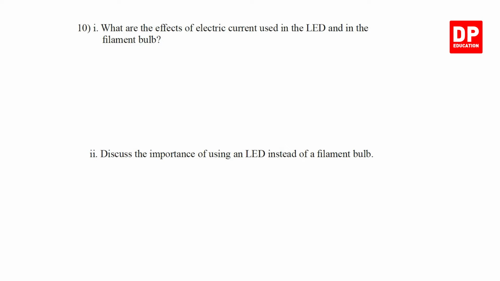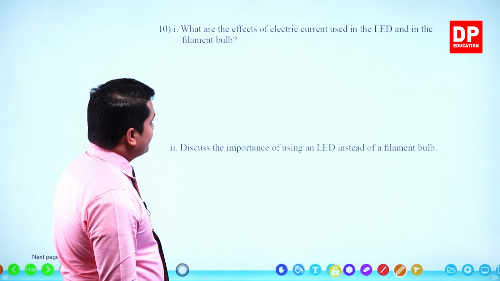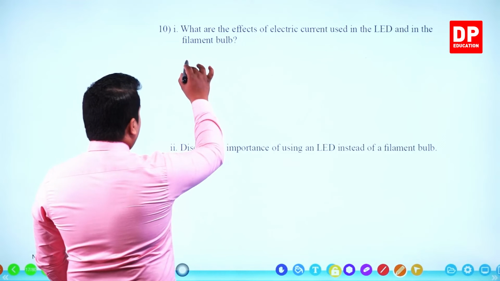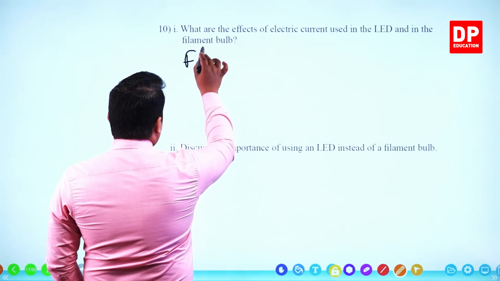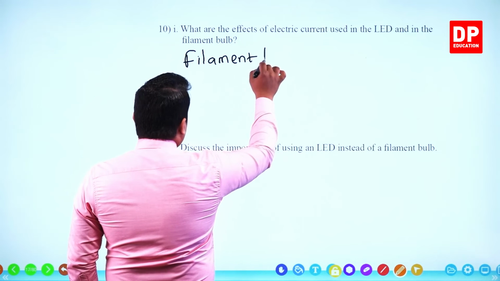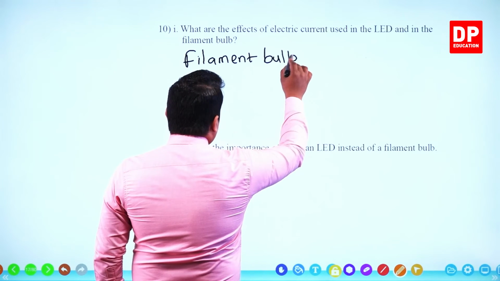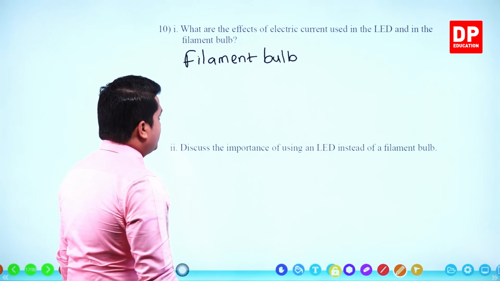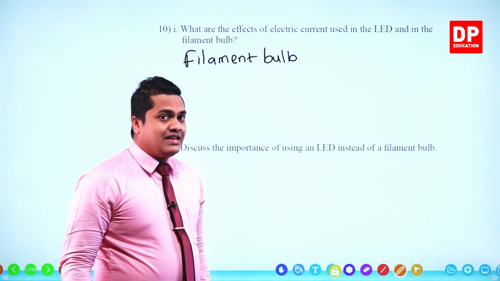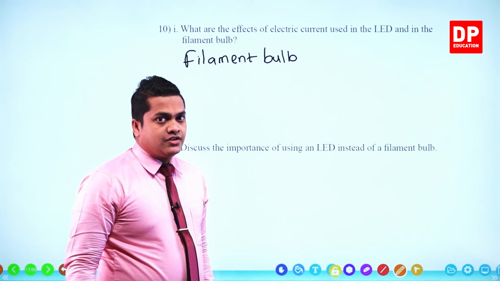What are the effects of electric current used in the LED and in the filament bulb? So in the filament bulb, my dear children, I told you that the main energy given out is the heat energy.